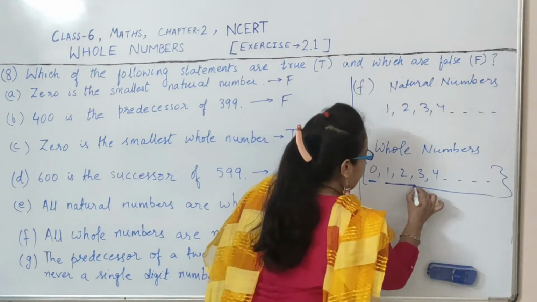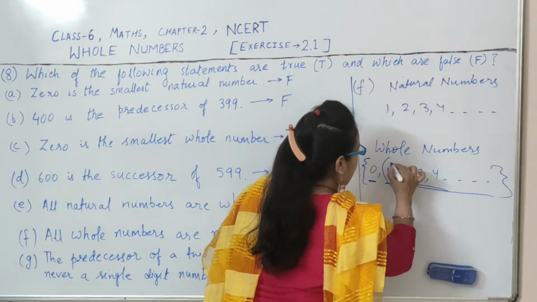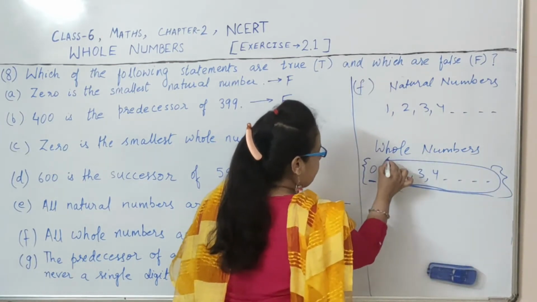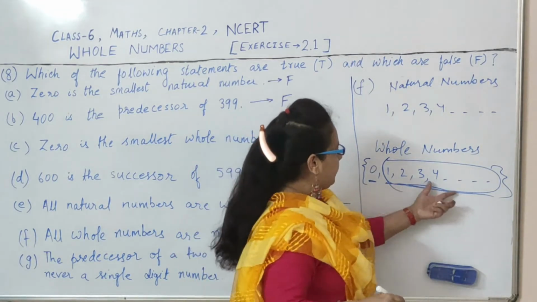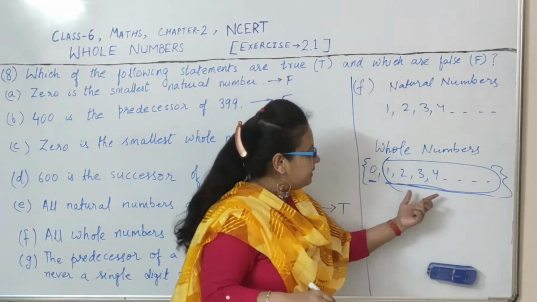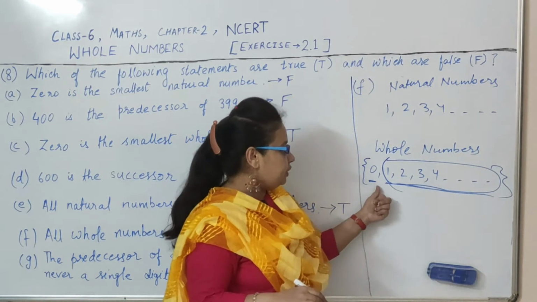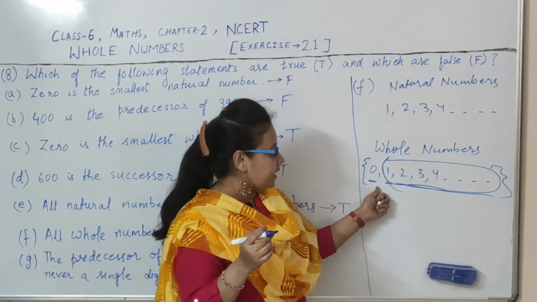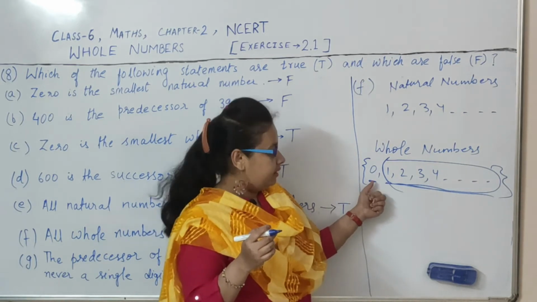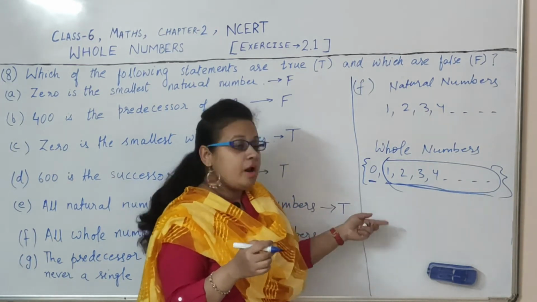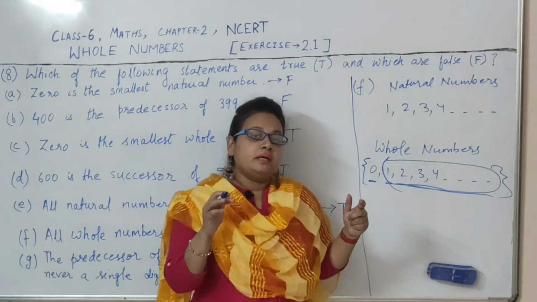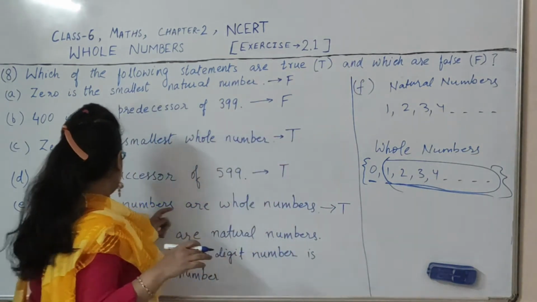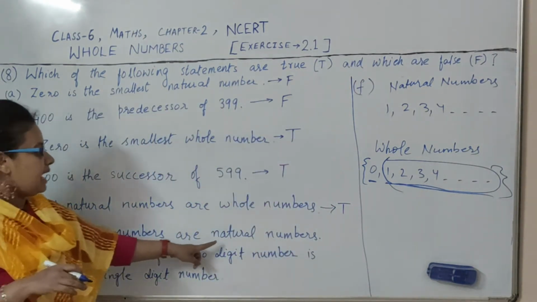Only these whole numbers starting with 1 are also natural numbers. But 0 is a whole number which is not a natural number. It is only a whole number. So, all whole numbers are not natural numbers. So, is it true that all whole numbers are natural numbers?